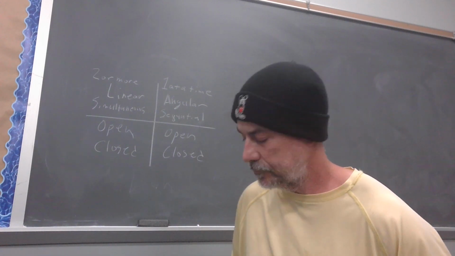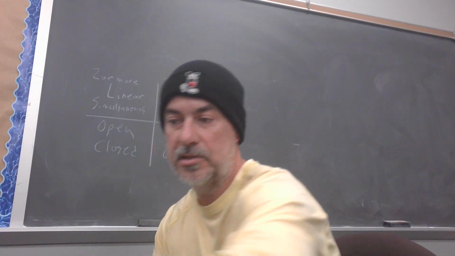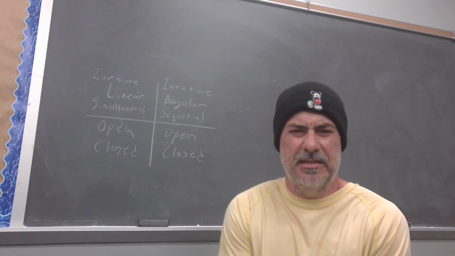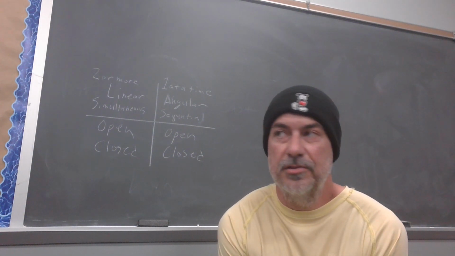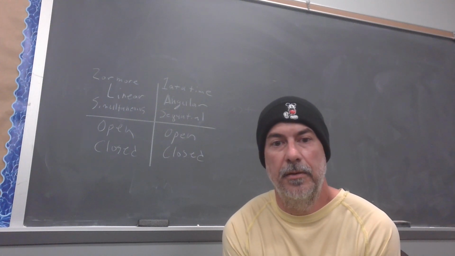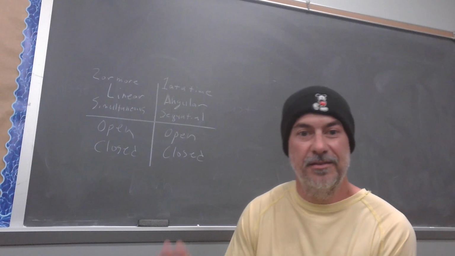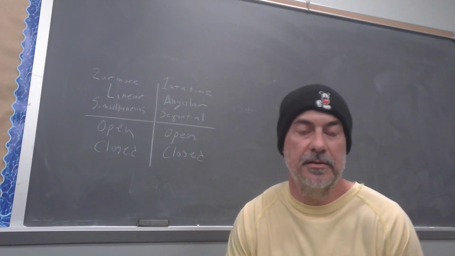So closed chain is when you move proximal pieces about a distal piece. I think the easiest example is doing squats, air squats or weighted squats, where your lower legs move about your feet. You don't have your feet move about your lower legs, you have your lower legs moving about the feet.